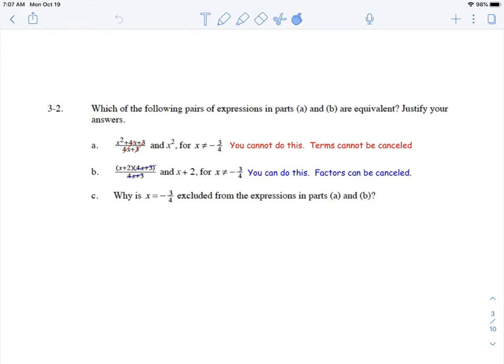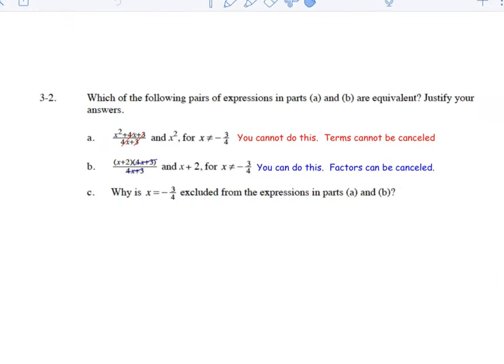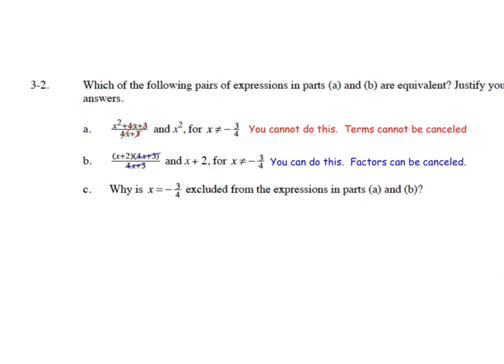Today's lesson is about simplifying rational expressions and operations on rational expressions. So let's take a look at part A, B, and B. In part A, we have this rational expression, which is, let me find a highlighter, x squared plus 4x plus 3.